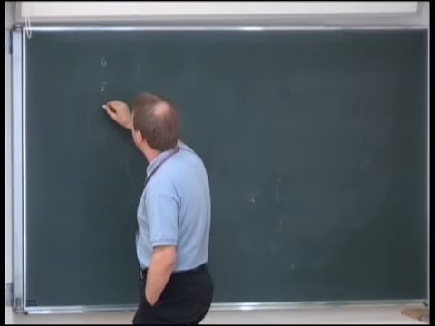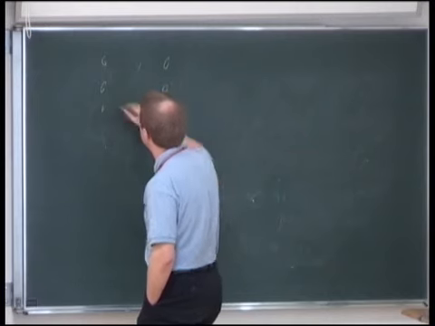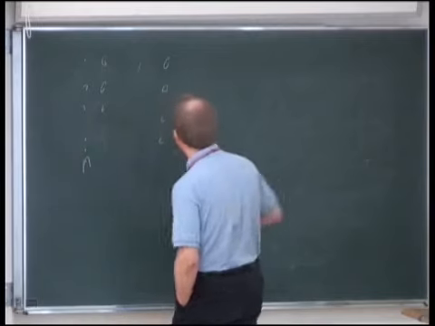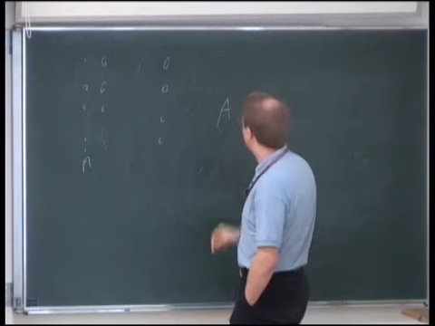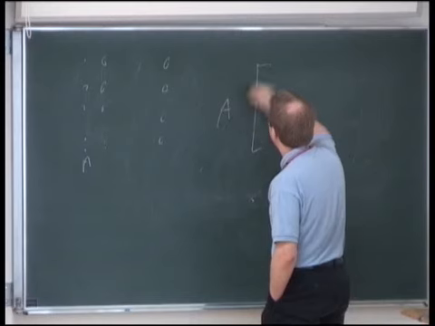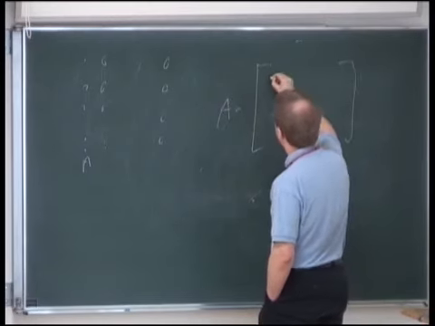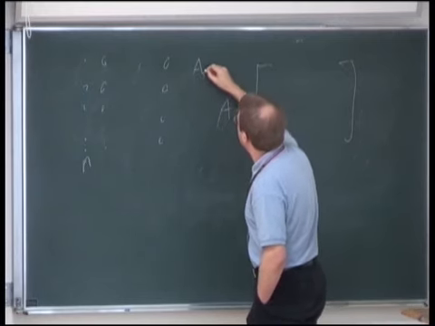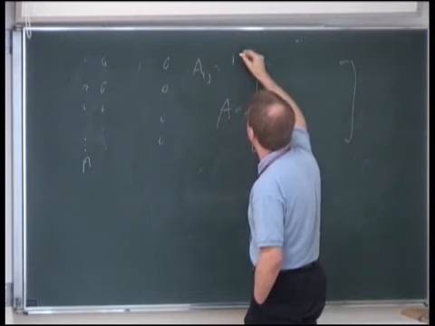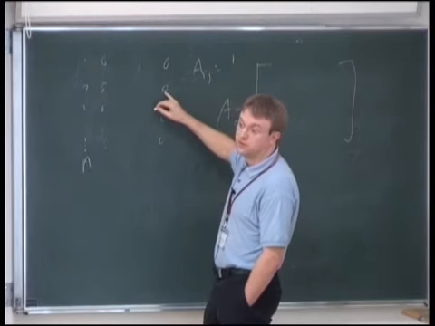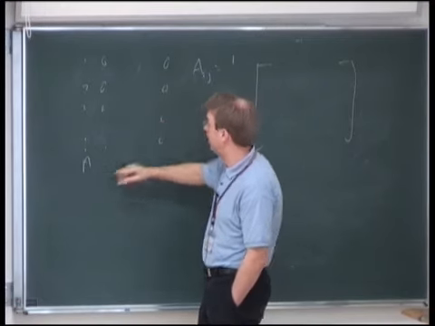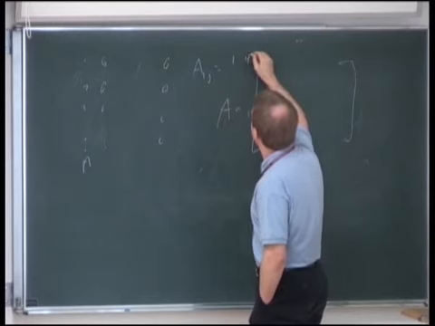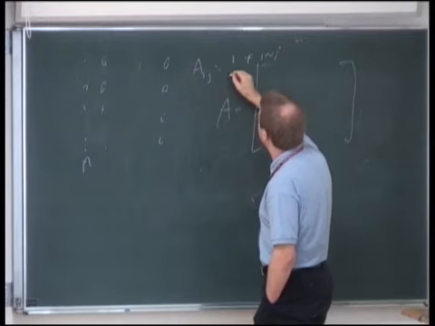If you have a bipartite graph with vertices 1, 2, 3, and so on down to n on each side, then we can represent this graph by an n by n matrix of zeros and ones, where position ij is equal to 1 if vertex i is a neighbor of vertex j, and 0 otherwise.